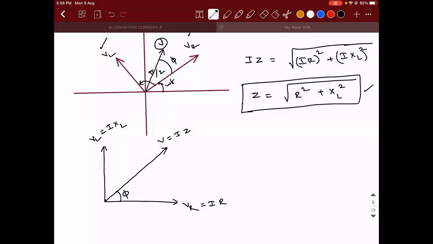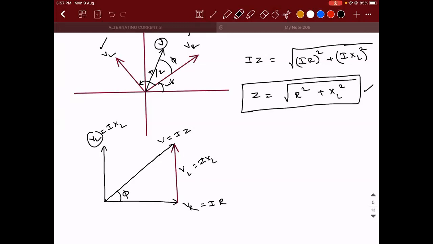Now observe. If I draw an arrow mark exactly parallel to VL, then how much will this value be? Will it not be VL, according to the concept of equal vectors?